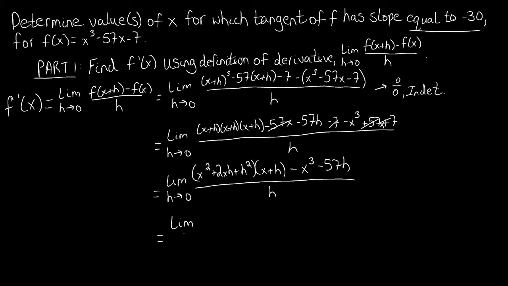So equivalently, limit as h approaches 0. Take care of this multiplication one more time, which involves distributing x plus h to every term here. So what we're going to get is x cubed plus 2x squared h plus xh squared plus x squared h plus 2xh squared plus h cubed minus x cubed minus 57h.